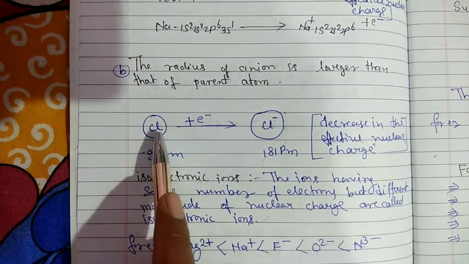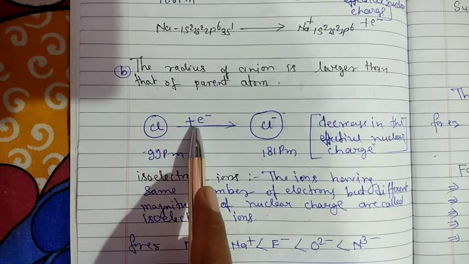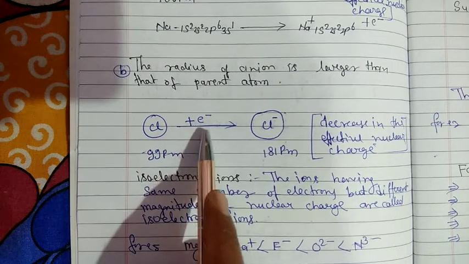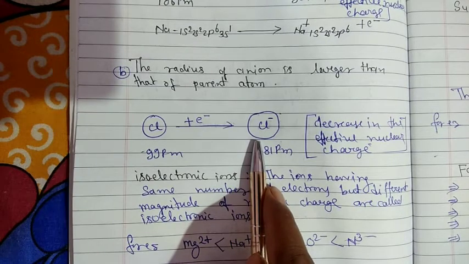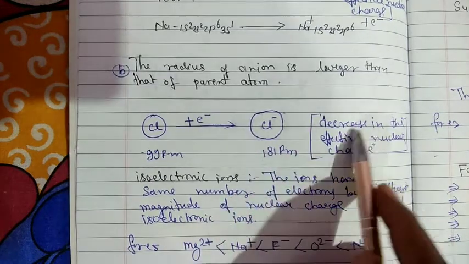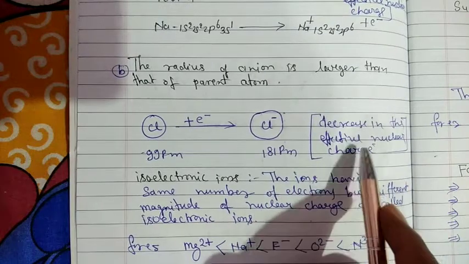So if this atom gains one electron, it can achieve a noble gas like argon configuration. So there is a decrease in the effective nuclear charge.